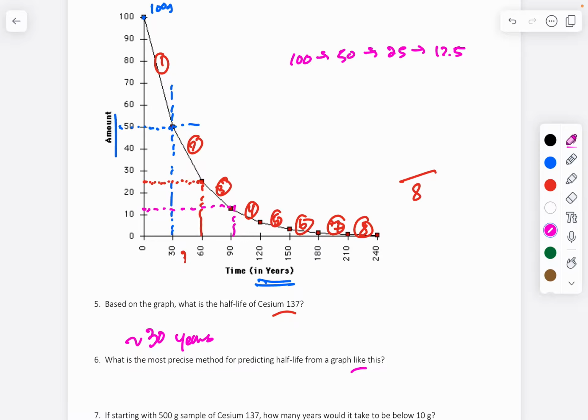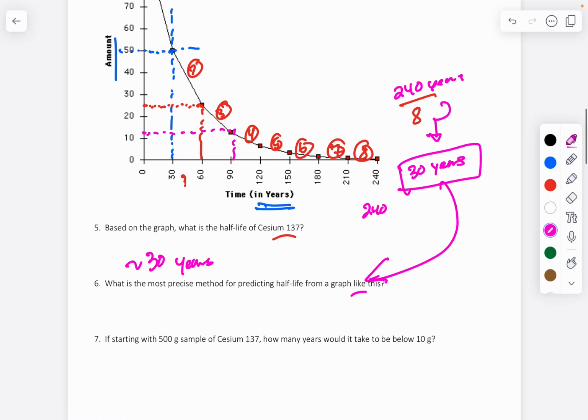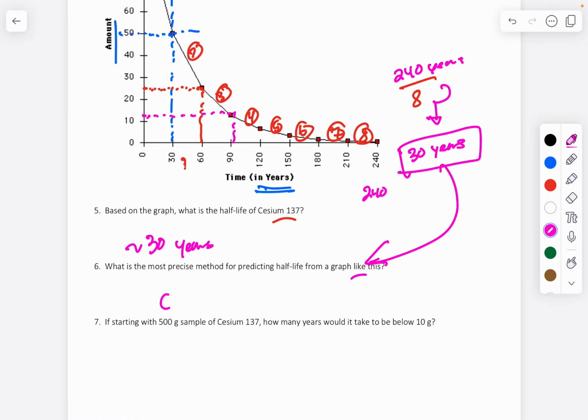The total number of years is 240 years, so 240 years for 8 cycles to occur, to be about 0. So 240 divided by 8 is 30 years. So you can calculate it: total years divided by half-life cycles.